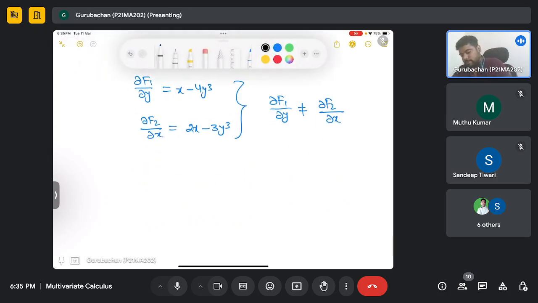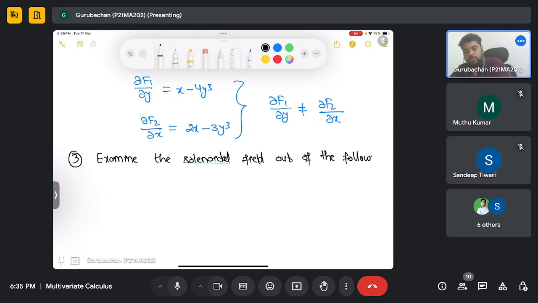Now let me move to the third one. You have to examine which of the following fields is solenoidal. I'm writing the first one first, then we will solve it, then we will write the other one.